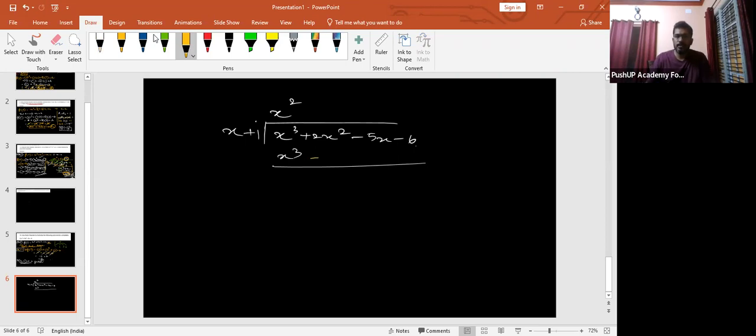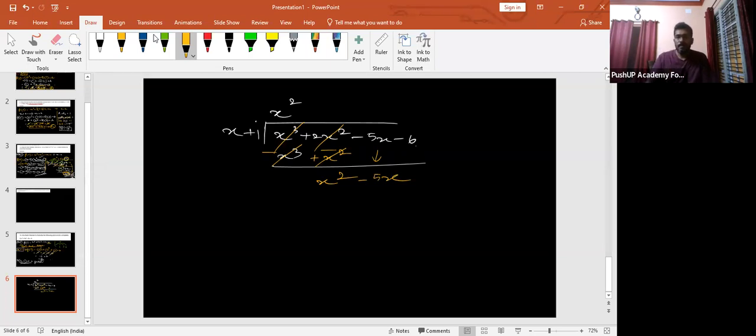X square into 1 is what? Positive x square, right? Now we can subtract both these values. X cube minus x cube can be eliminated. 2x square minus x square will give you positive x square. Now let's bring that minus 5x down.